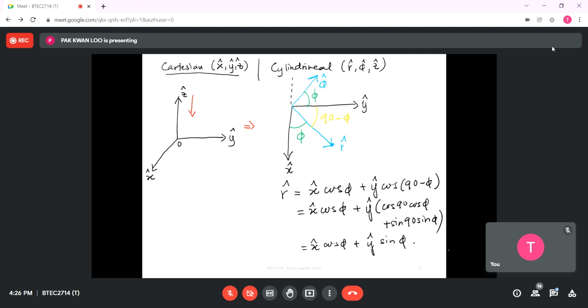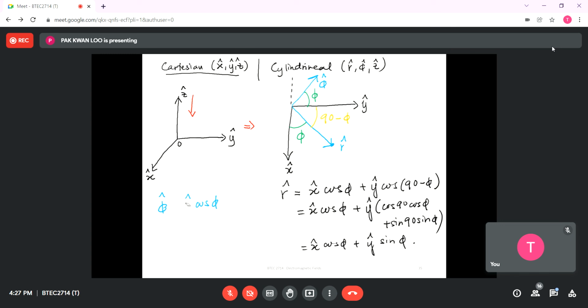And what about the phi component, in the phi component direction? So now, if I take the projection, I'm going to project onto the phi direction. So for phi cap, I'm going to project my y onto phi cap. So it's going to be y cos phi.